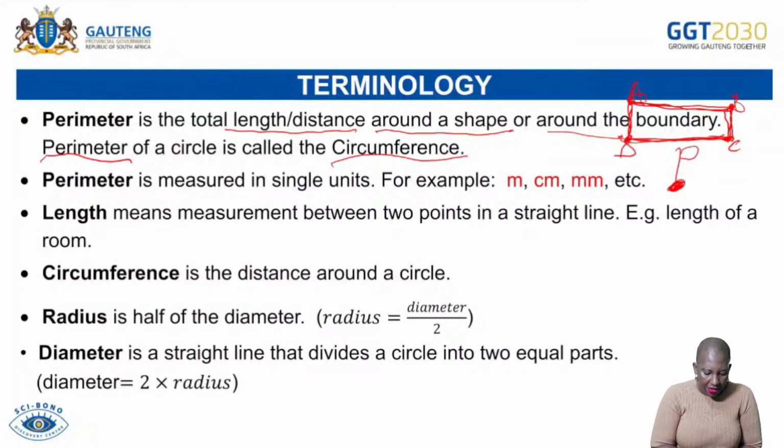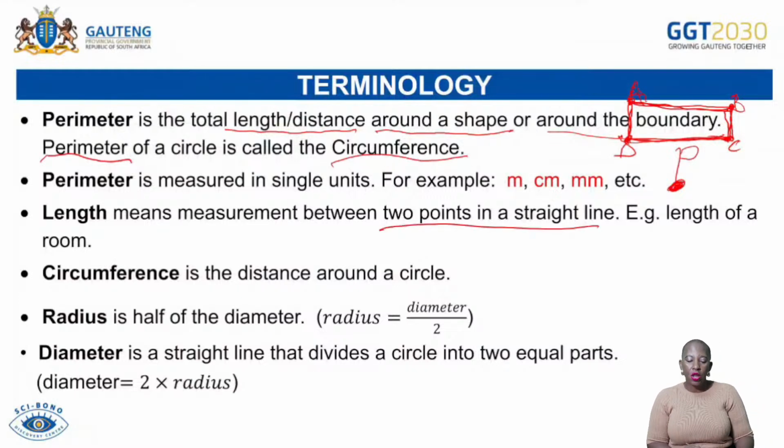And then the other one, the length, this one I have already explained. When you talk about length, it is the distance measured between 2 points in a straight line. You start from this corner up until this corner, even on your table, or with your book or your calculator.